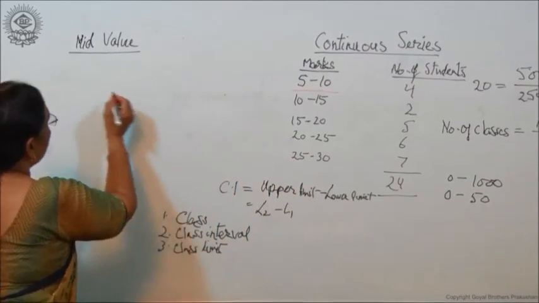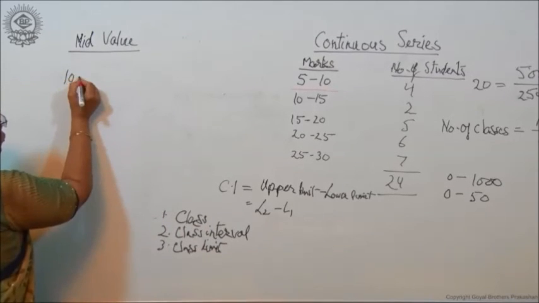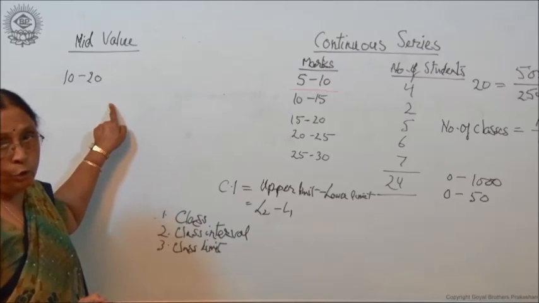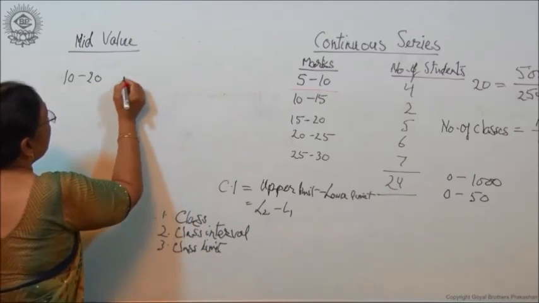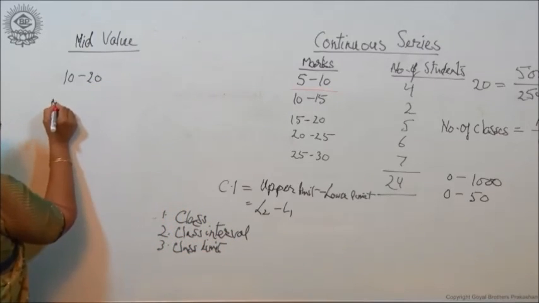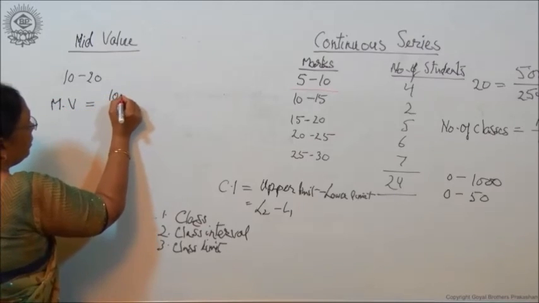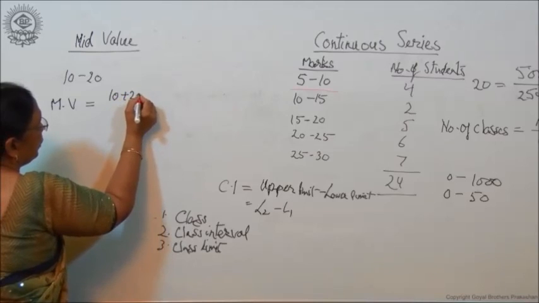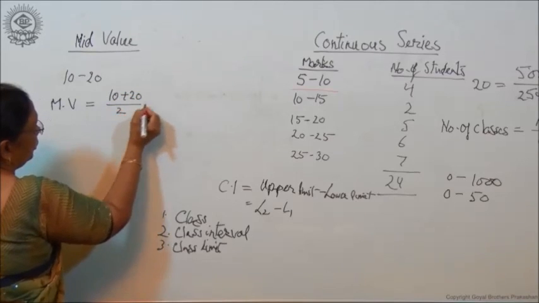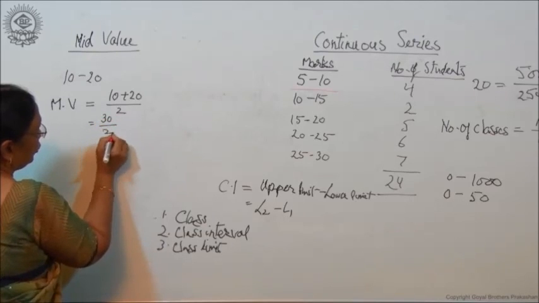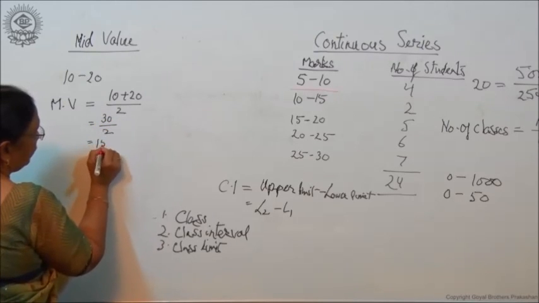Now when we are talking about class interval of 10 to 20, suppose, what will be the middle value over here? In this case, mid value will be equal to 10 plus 20 upon 2, which is equal to 30 upon 2, that is 15.